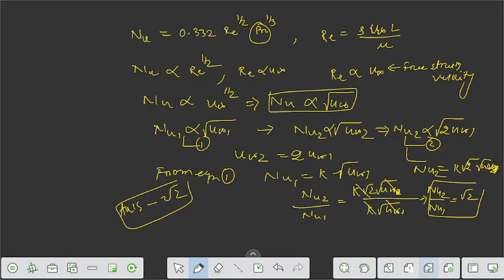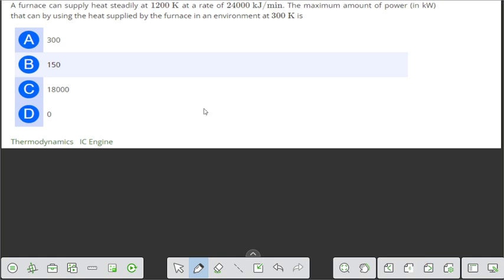So the next question: the furnace can supply heat steadily at 12,000 Kelvin at the rate of 24,000 kilojoule per minute. What is the maximum power output in kilowatt that can be produced using heat supplied by the furnace in an environment at 300 Kelvin? As this is a heat engine, let us draw the heat engine.